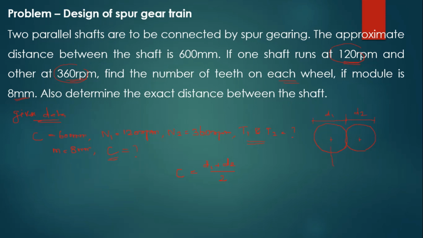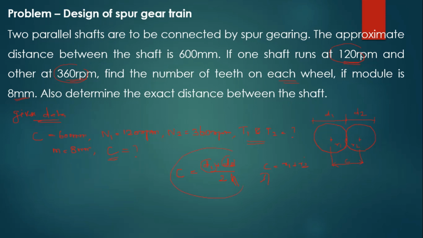Center distance is the distance between the two axes. From this point to this point is radius R1, and from this point to this point is R2. That's why it is D1 plus D2 divided by 2, that is, C equal to R1 plus R2. We can use either this formula or this formula.